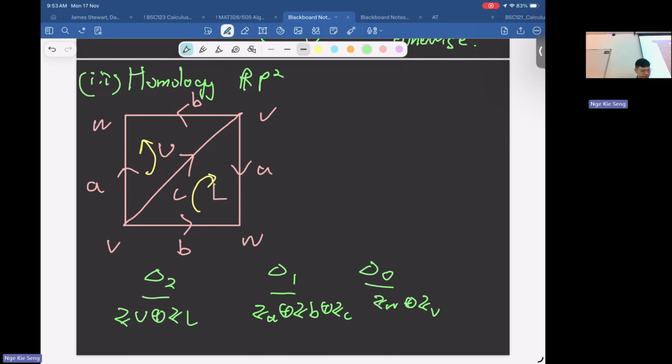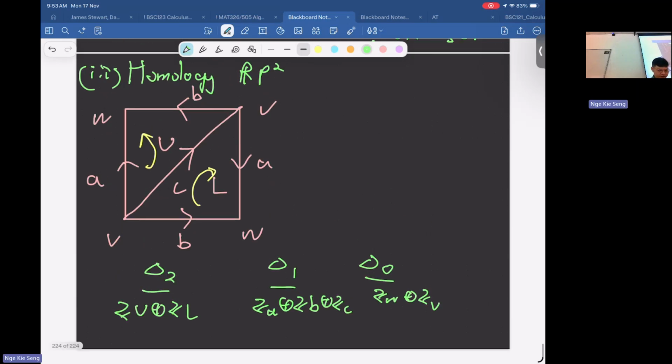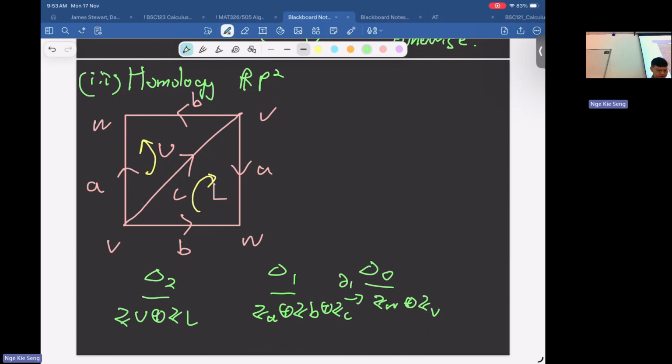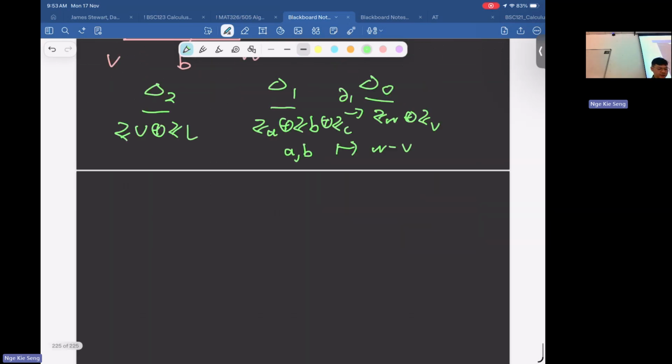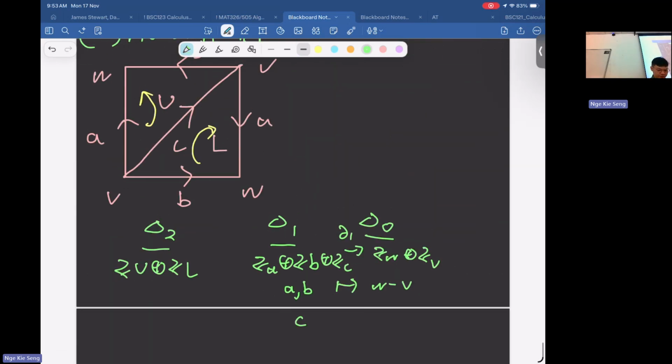Right. So in this case, if we determine the delta 1 first, we can see that A and B both go to W minus V. But C is V minus V, which is 0. How about U and L here?